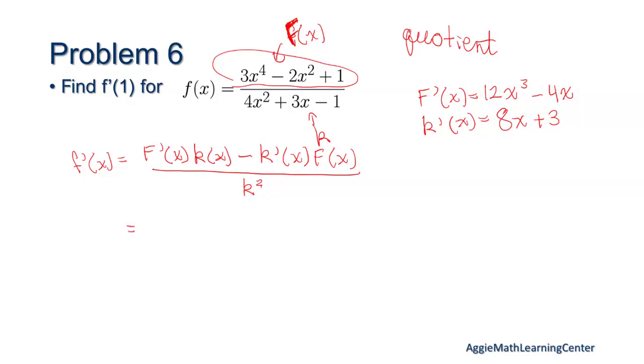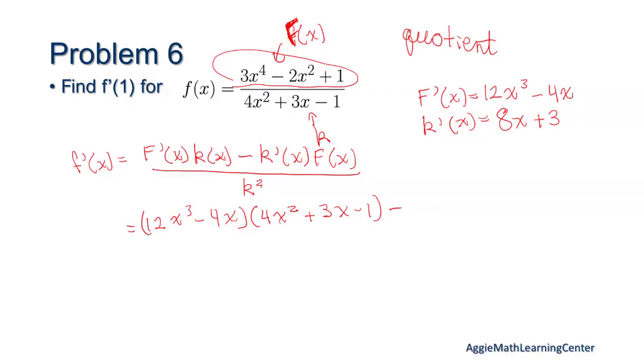Okay, so then we're going to have this 12x to the third minus 4x, and it's going to be times k of x, which is our 4x squared plus 3x minus 1. This is a beast. My biggest tip for the quotient rule is to keep track of what you've done and what you've written, because there's a lot going on.